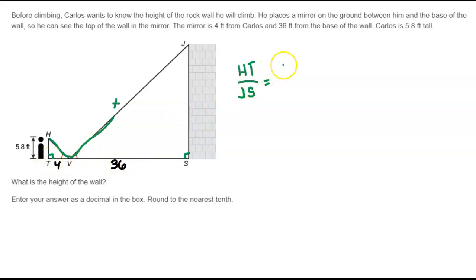So we can say TV, same triangle on the top, same triangle on the bottom, by VS or SV. T comes first. T is where my right angle is. So by SV. Now all I have to do is substitute my known values and solve for x.